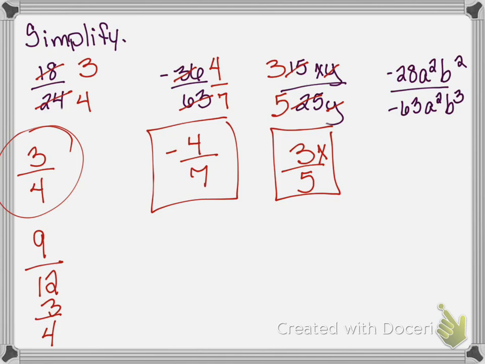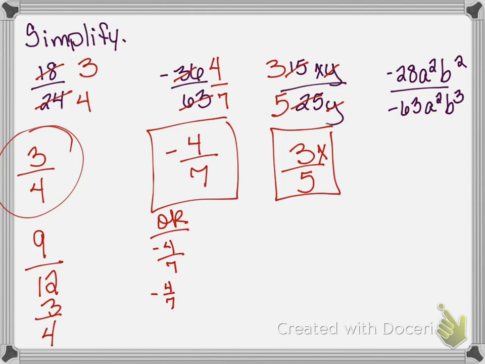But I want you to realize, I can write it in the numerator. I can also write it in front. Do you see the difference between those two right here? This one is definitely in the numerator, and this one is in front of the entire fraction. Both of these mean exactly the same thing.